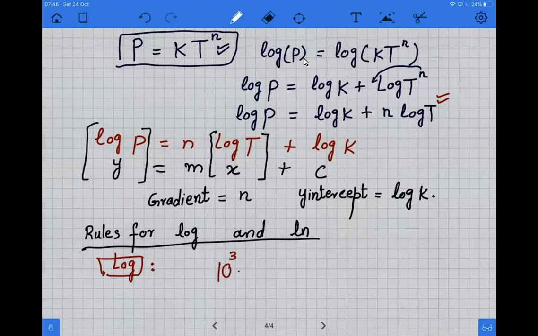For example, if you have 10 power 3 and you know it is equal to 1000, then log of 1000 will be 3.